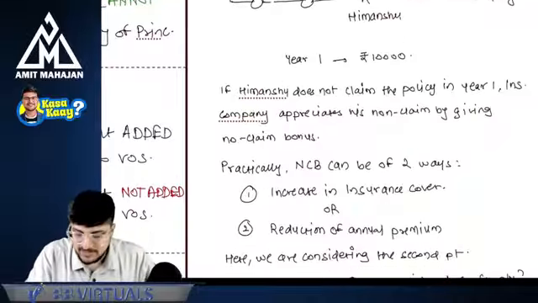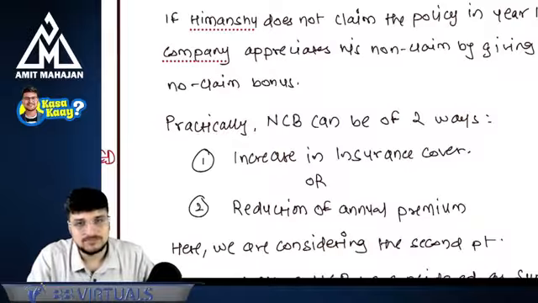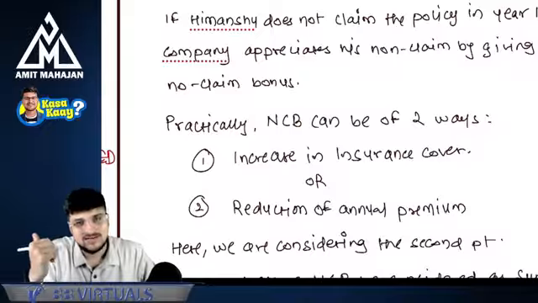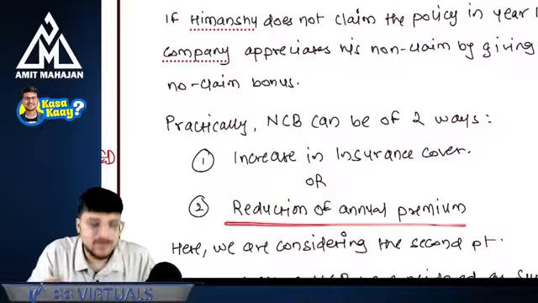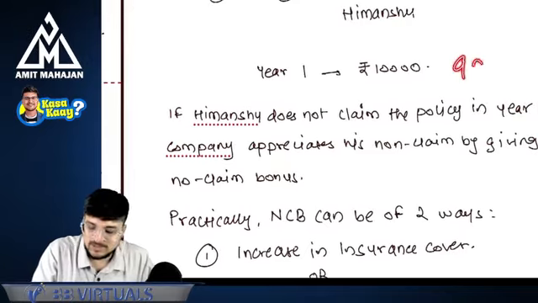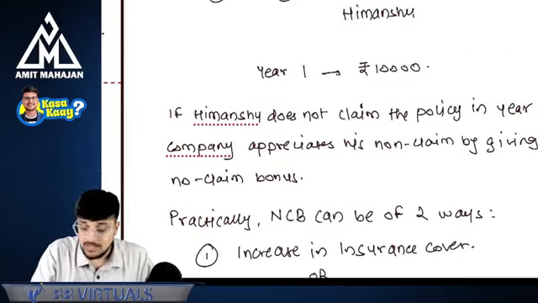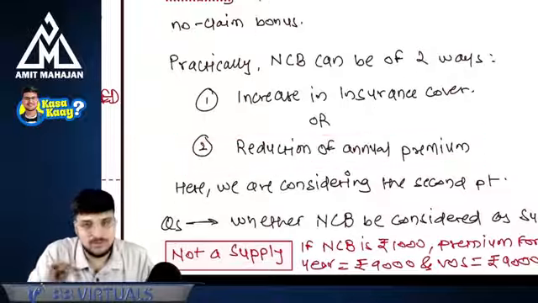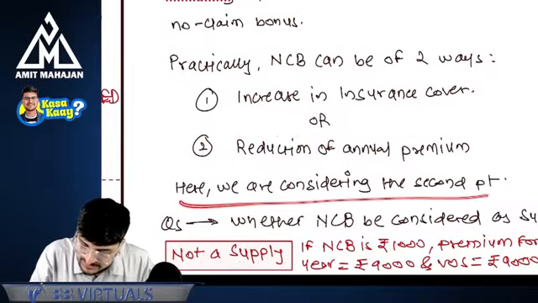And practically speaking, no claim bonus can be of two kinds. It can increase the insurance cover from 5 lakhs to 10 lakhs, or it can reduce the annual premium. Since you are paying 10,000, you pay only 9,000 now. Okay. In GST, we are considering this reduction of annual premium. So here we are considering the second point.